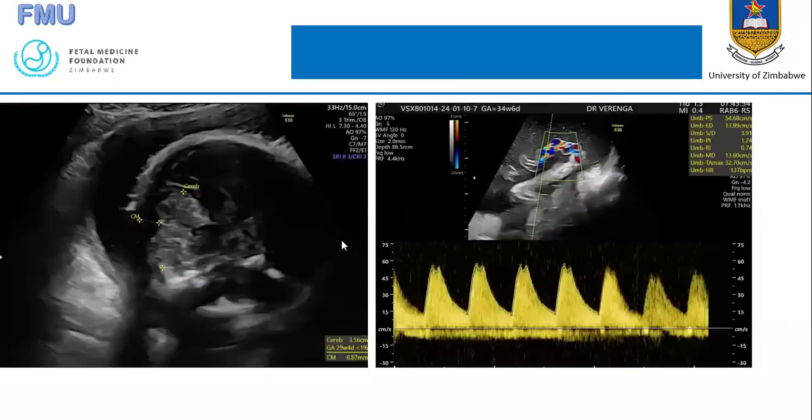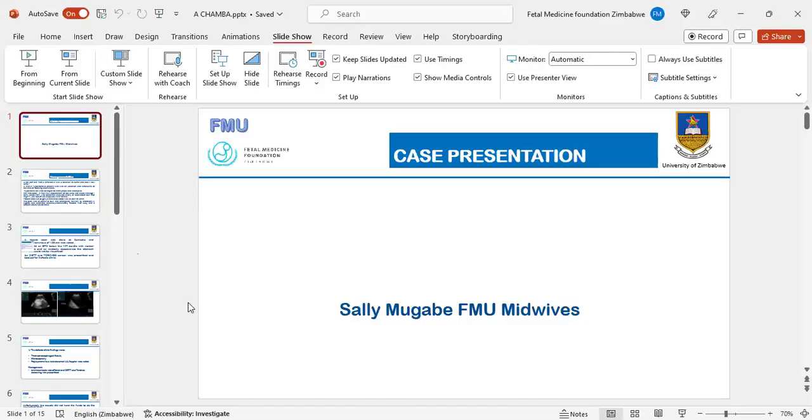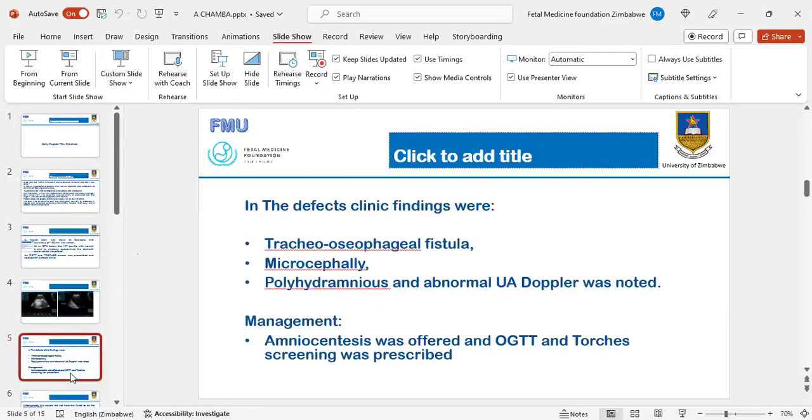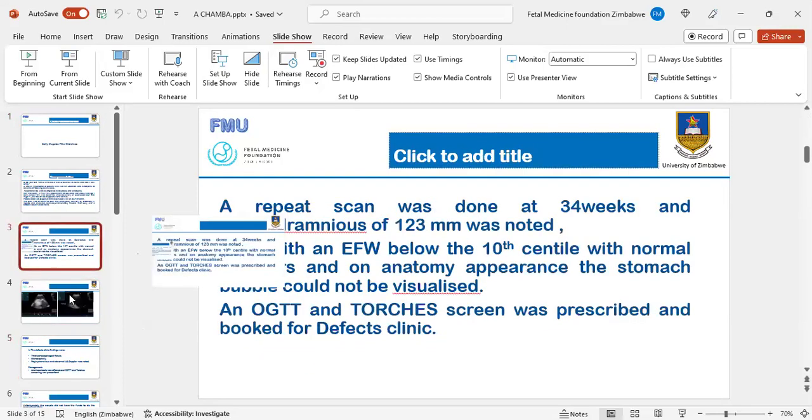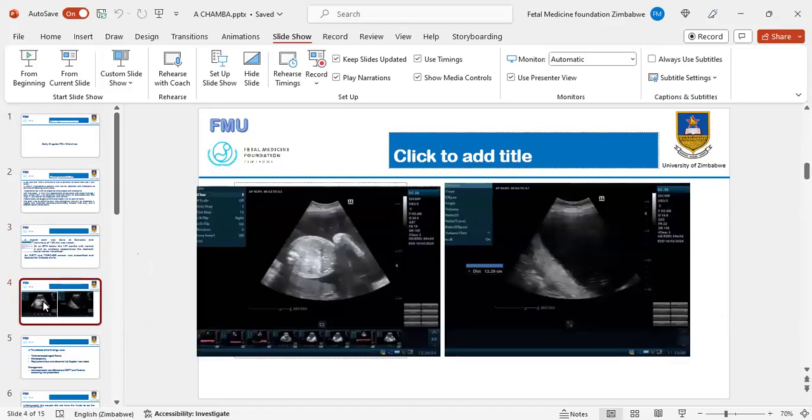And also, it was very difficult to visualize the stomach bubble on the second scan that was done in the FMU. You can see on this image here, though it wasn't really clear, that it was very difficult to visualize the stomach bubble.